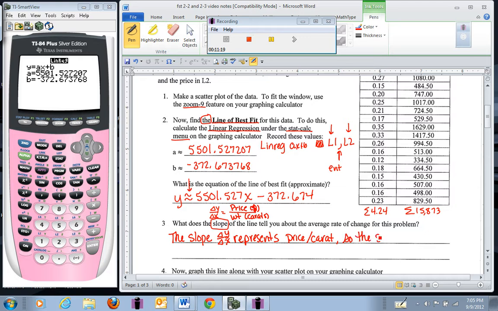So the slope tells the average rate of change in the price per carat for a diamond ring.